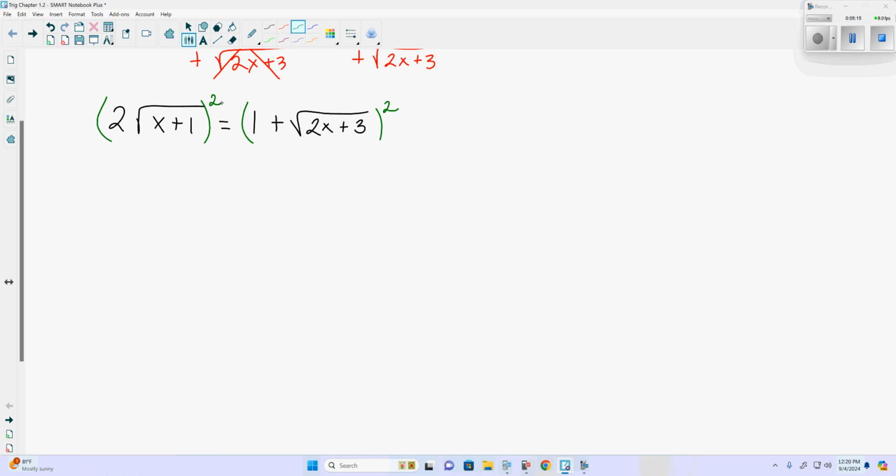Now, the left-hand side, the 2 and the radical are being multiplied. So if we multiply it by itself, it's just saying that we have 2 square root of x plus 1 times 2 square root of x plus 1. 2 times 2 is 4. Our square root of x plus 1 times square root of x plus 1 is just that square root squared. And a square root and a square will cancel out, leaving us with this here.